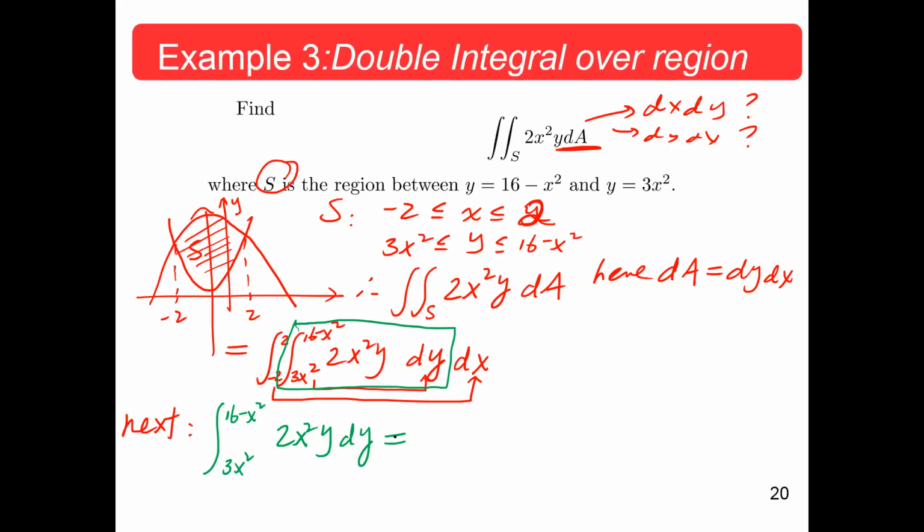Y is the variable, so the antiderivative will be 2x squared times y squared over 2, the antiderivative of y. And don't forget that y is between 3x squared and 16 minus x squared.